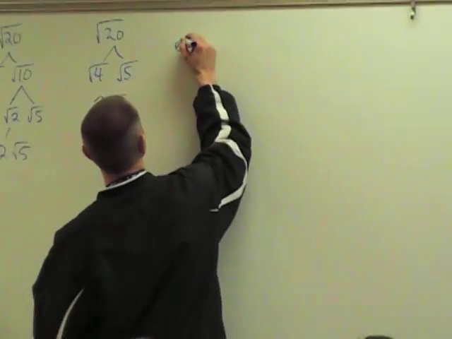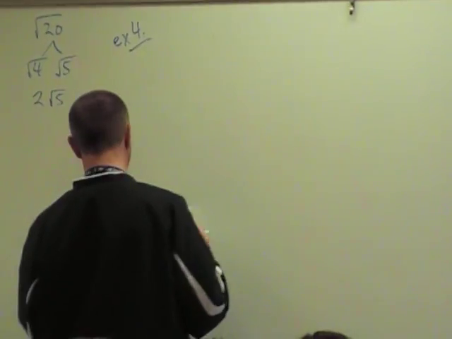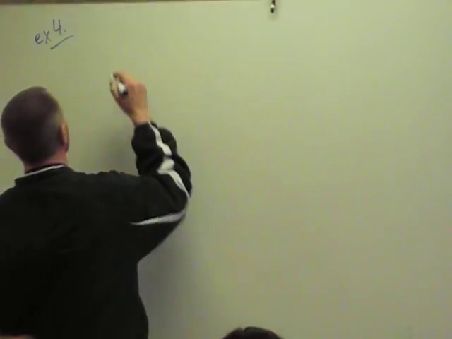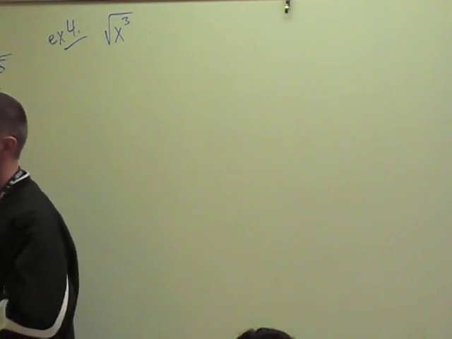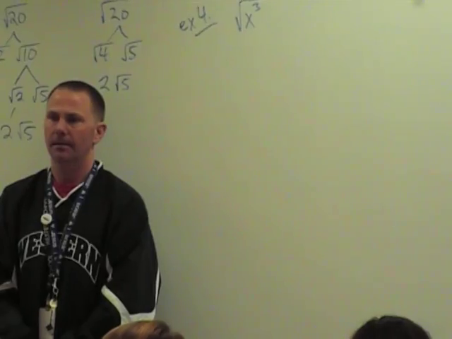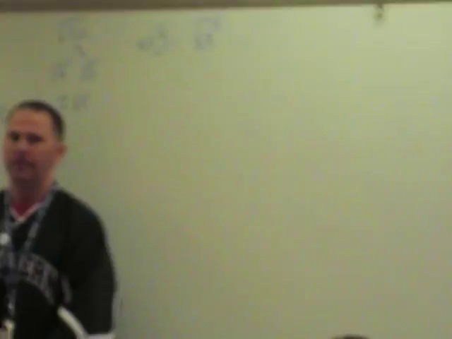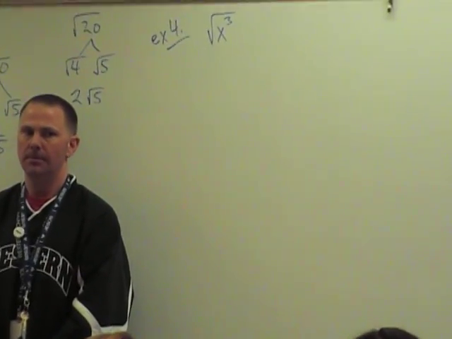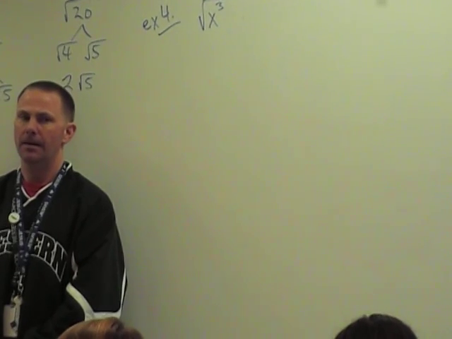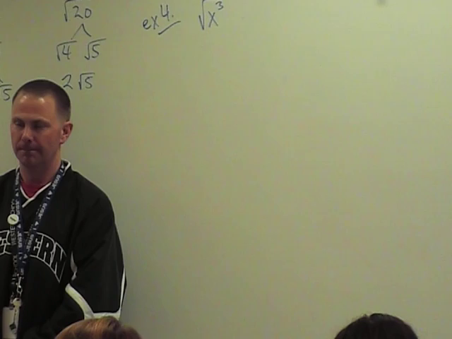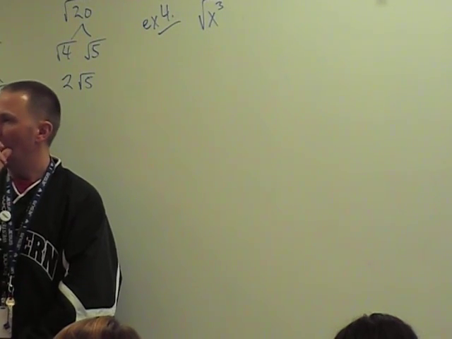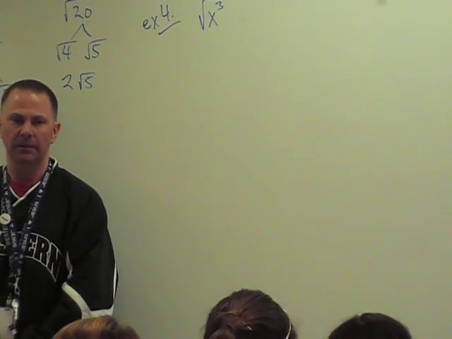Example 4. Long way to go. Now, what about variables? X to the 1/3 power. Is it still a square root radical? What does the square root mean?